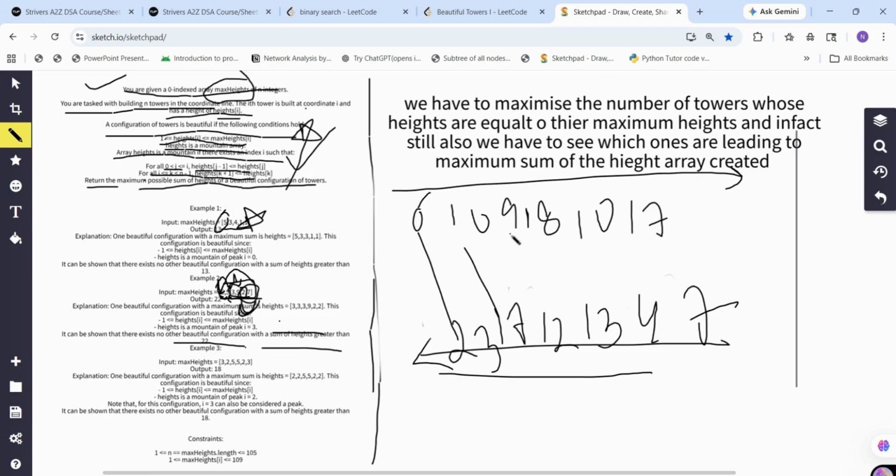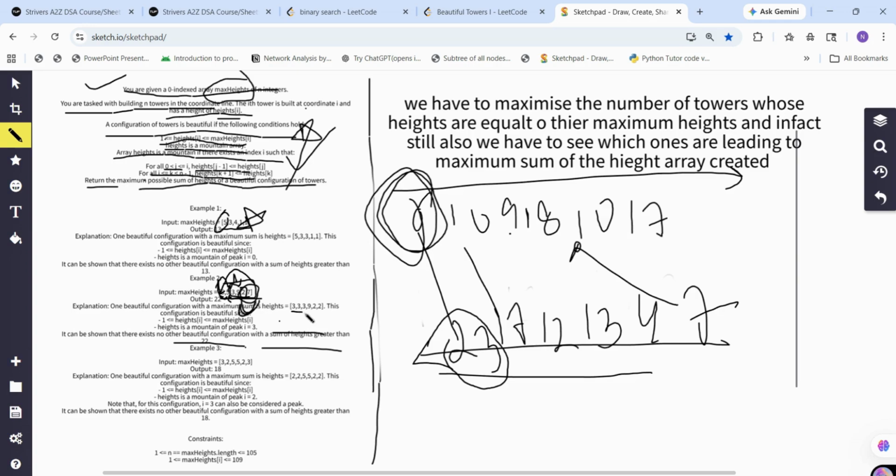Here the sum is basically 20, sorry, 23 is basically the maximum decreasing and strictly increasing. So this would be this kind of structure, minus what is present there. So I think 23 would be the better option.